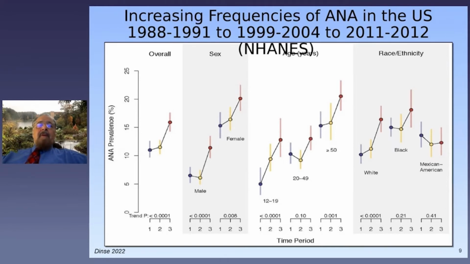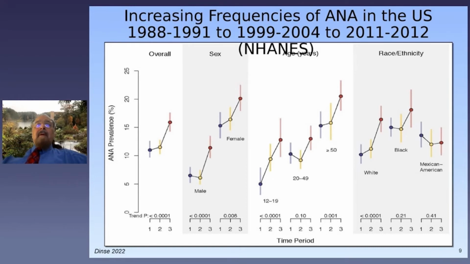Of course, if you look at the different sexes, women have more of these antibodies than men, but as you notice, the male increases have been more dramatic even than the women's increases. Look at ages, again, older people have more than younger people, but the most dramatic increase has been in the older people and in these younger people, the teenagers, ages 12 to 19, in this third panel here, which almost tripled in frequency over this period of time.